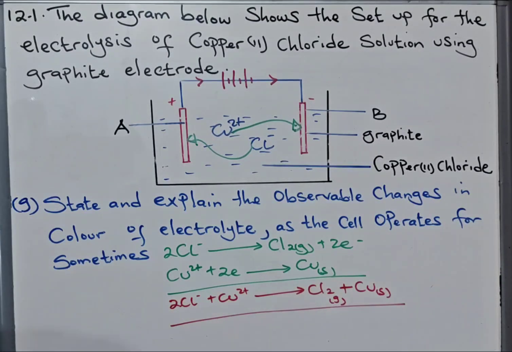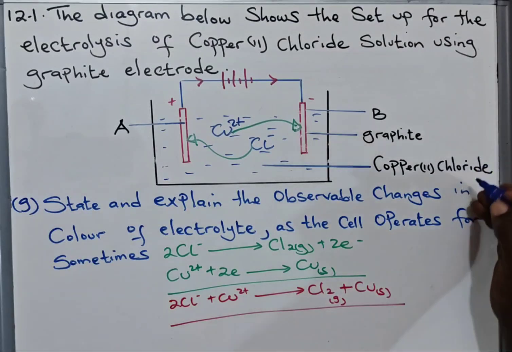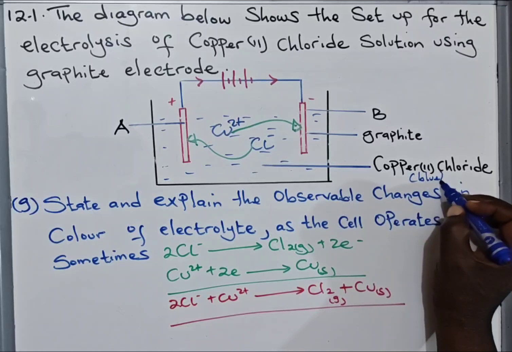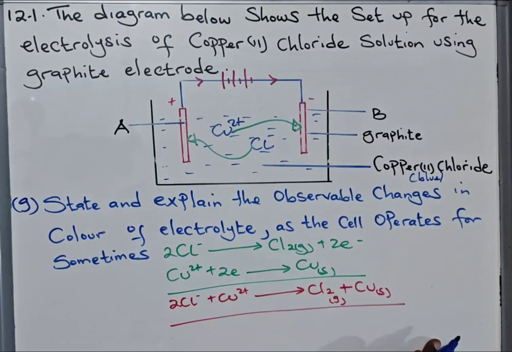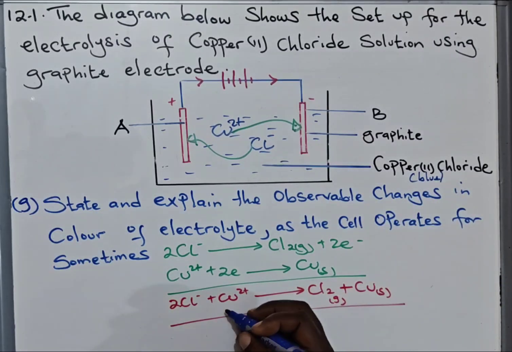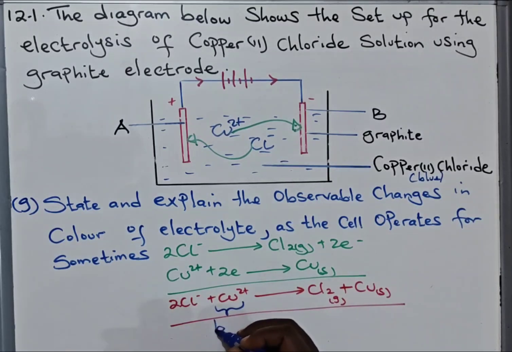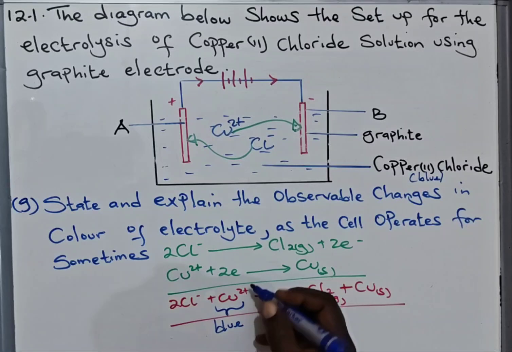What do you have to observe about the net? You have to know that copper 2 chloride is blue in color. It's a blue solution. And that blue solution is caused by the presence of these ions. These ions are blue, which ions?